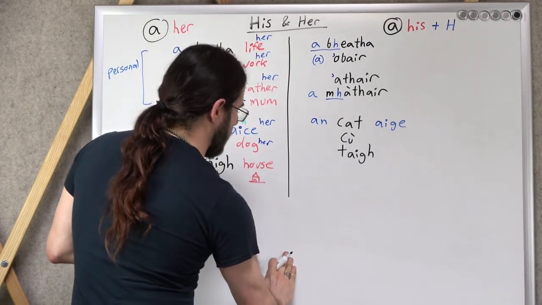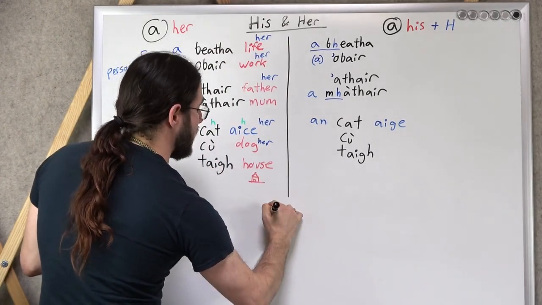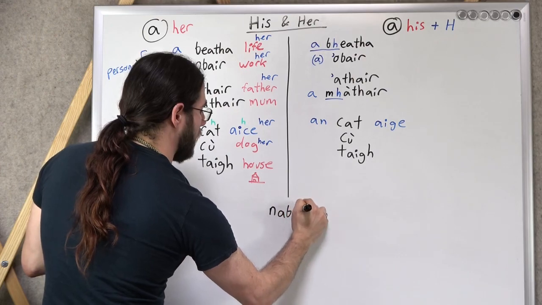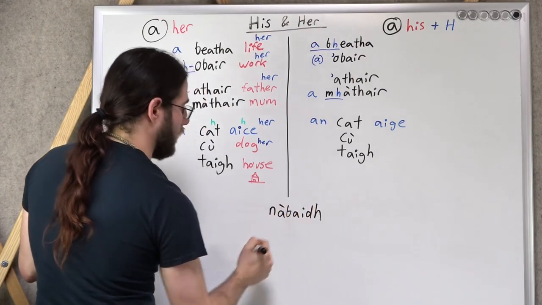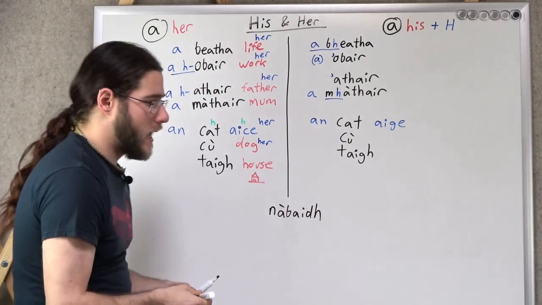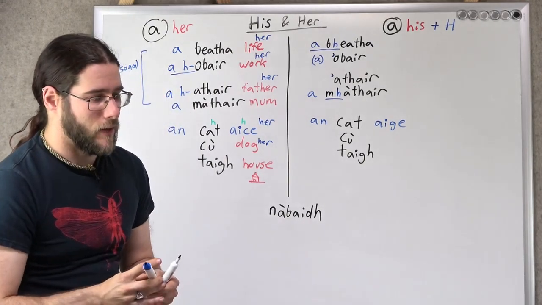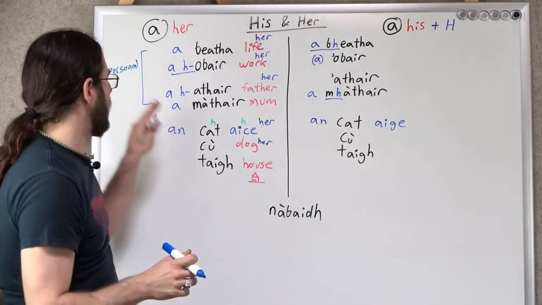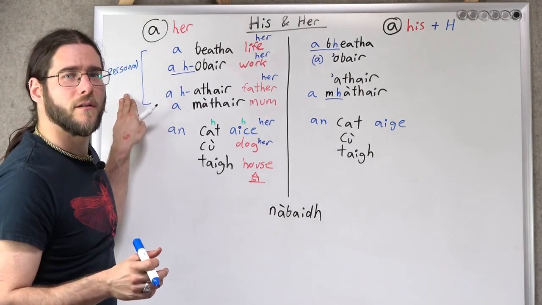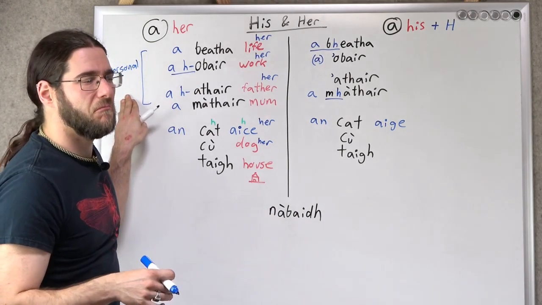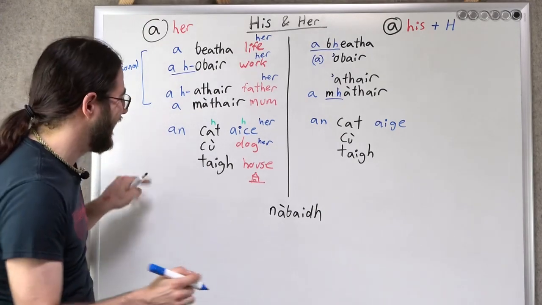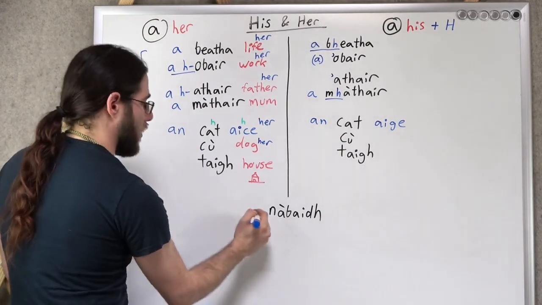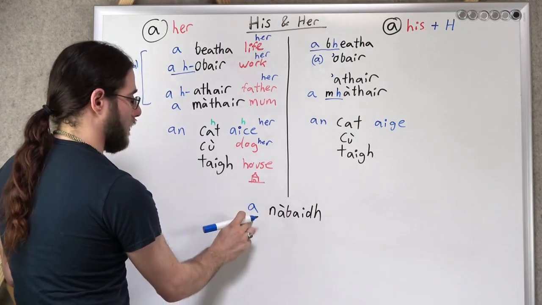So, one word for neighbor is napi. Now, as I learned it, the word neighbor would count as something personal. Just go with it. So, saying her neighbor would be napi.